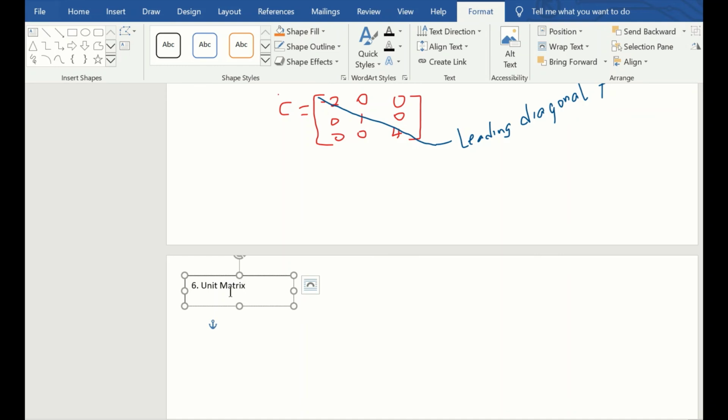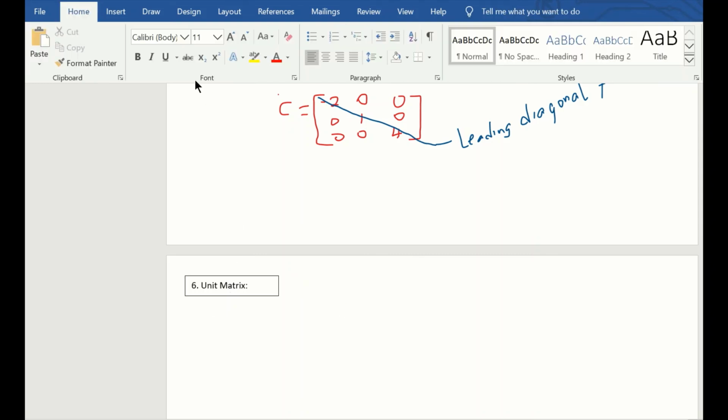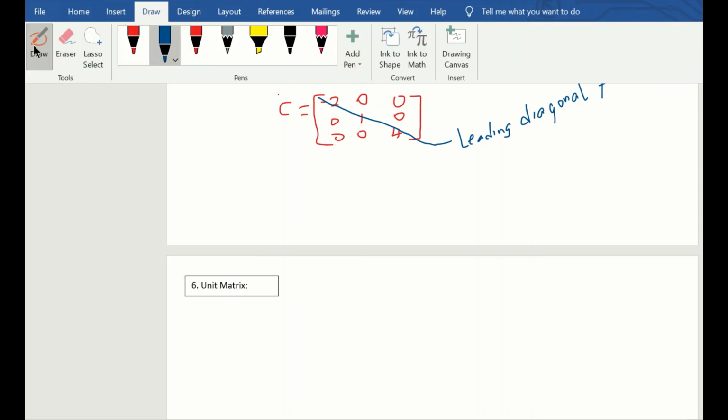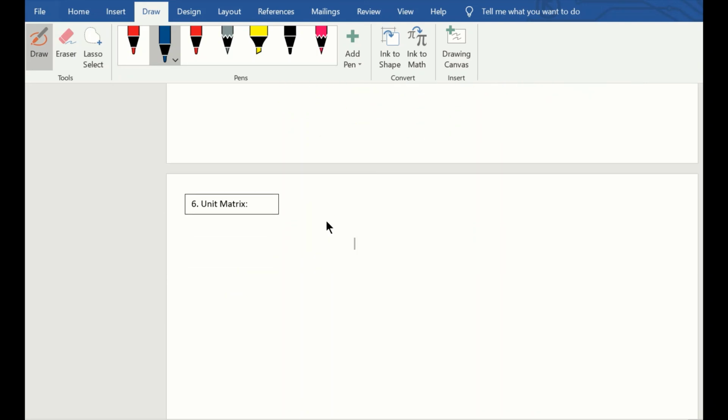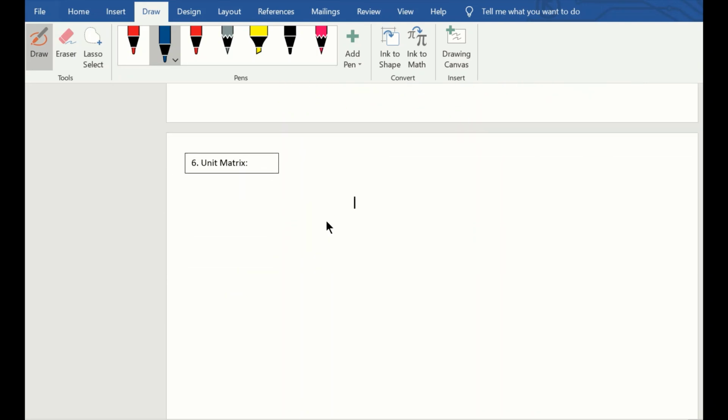All right, before I explain this, I have to also draw a diagram to buttress the point I'm about to make. Now, a unit matrix can be written in this form. Let me use D as my matrix. For example, I have a matrix D, and inside matrix D we have 1, 0, 0, and 1.